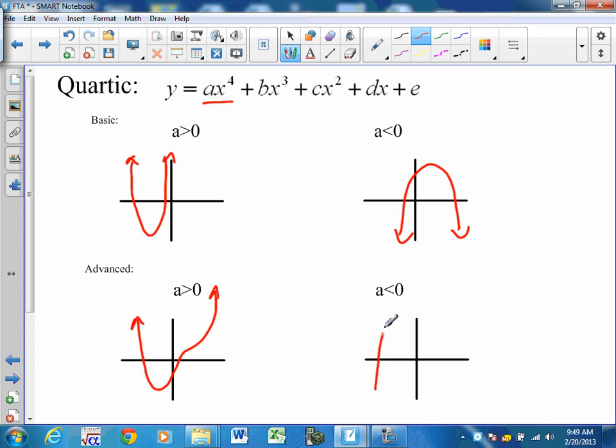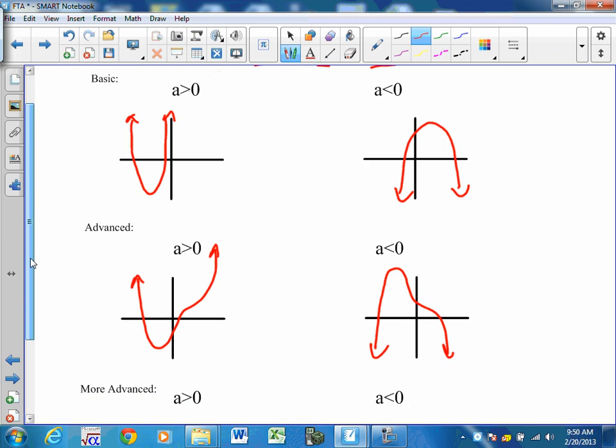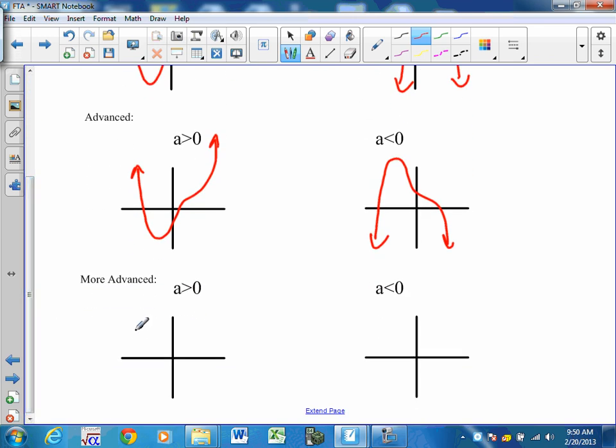It could get even more advanced, and you could have double peaks and valleys going up or going down. So there's an example of what a quartic could look like, a lot of different shapes depending on how many peaks and valleys are in the graph.